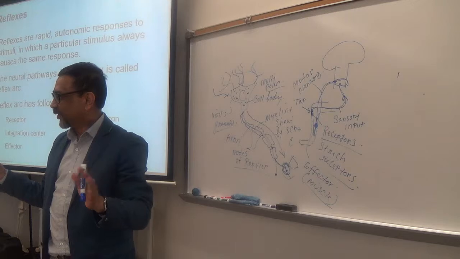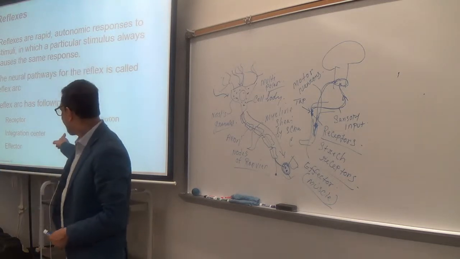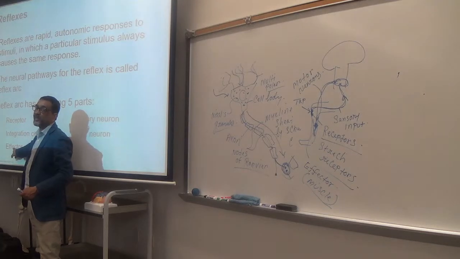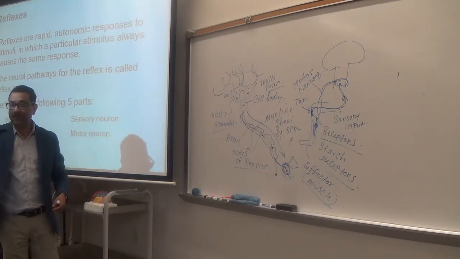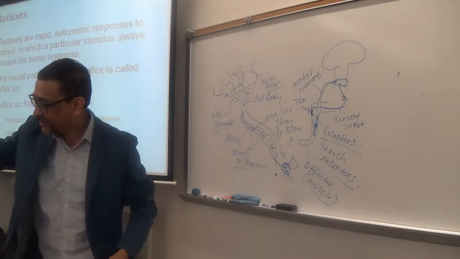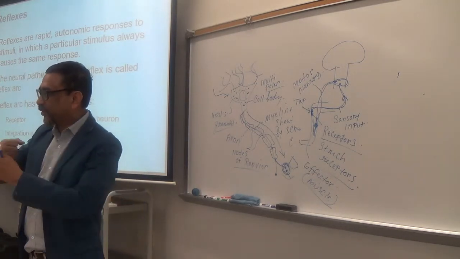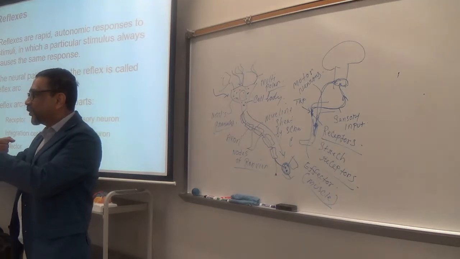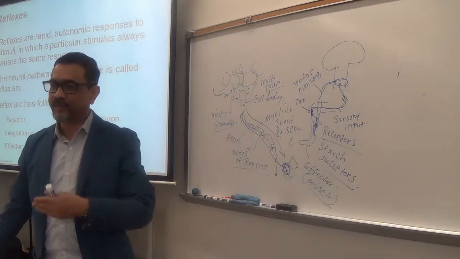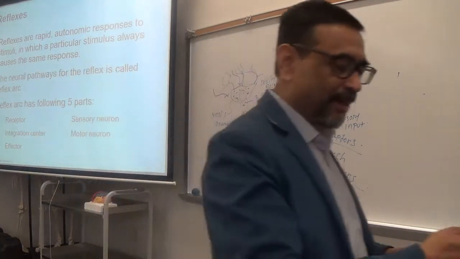Make sense? So in this case, the effector or effectors are the sweat glands, not the muscle. That's why I gave you this example. Make sense? So in this case, the effector will perform the action. Action is what? Sweating. So the effectors are sweat glands performing the action to lower the body temperature.